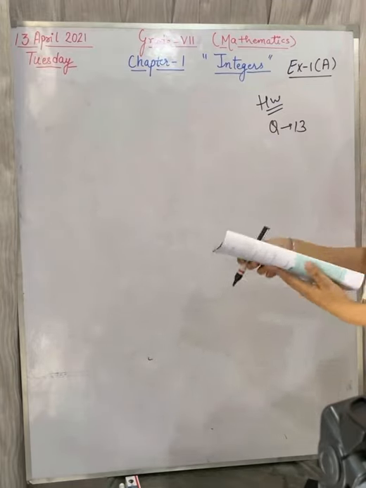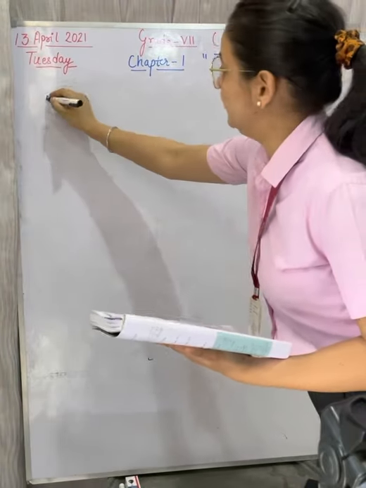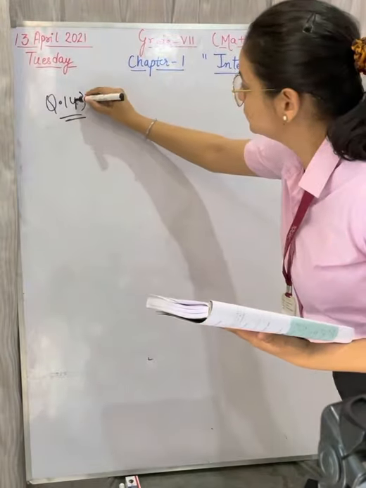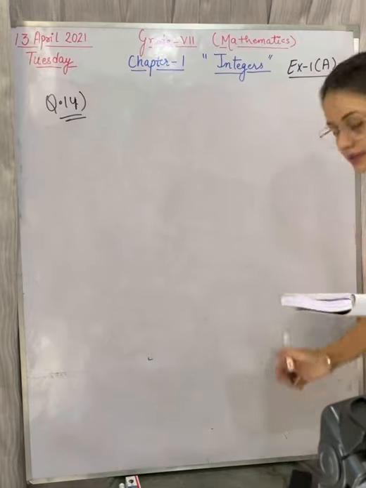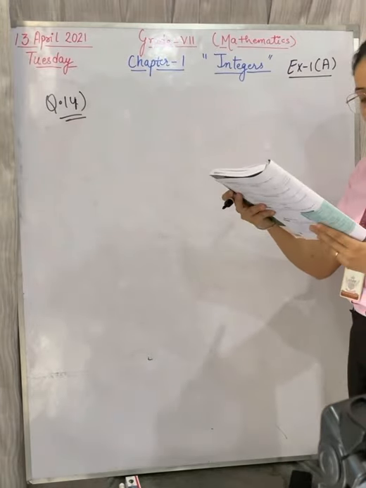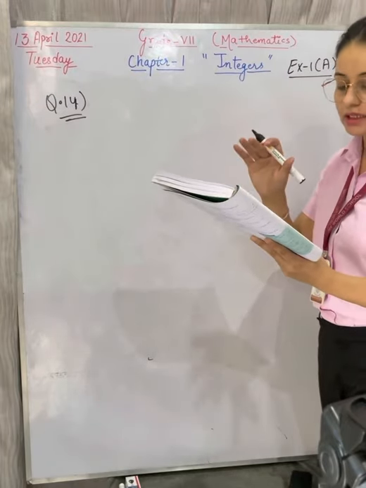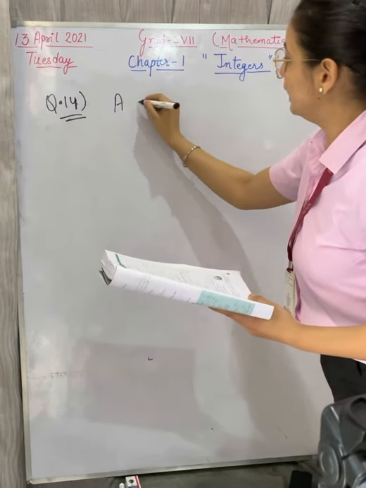Right. Now, next is question 14th. Today we'll try to complete this exercise. Question 14 is: a submarine was 5827 meter below sea level.